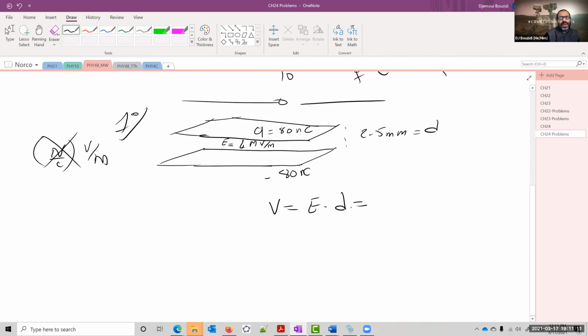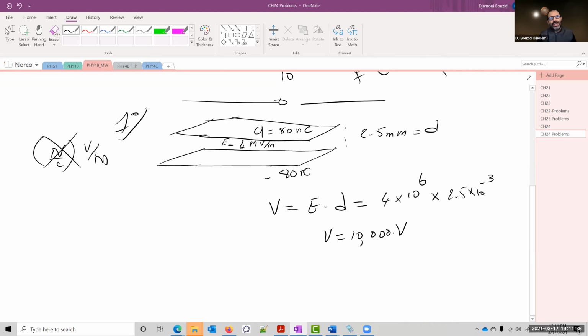So it's simply just plug in the numbers, that's all. So it's 4 times 10 to the power 6 times 2.5 times 10 to the negative 3. 10 to the negative 3 and 10 to the power 6, that's 10 to the positive 3. 4 times 2.5, that's another 10. So V is 10,000 volts.